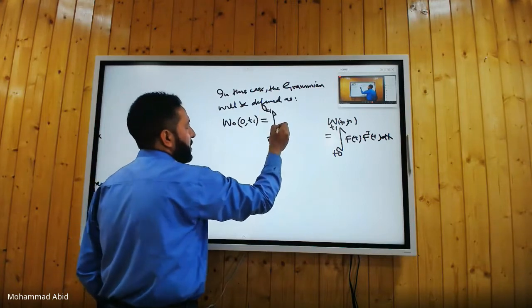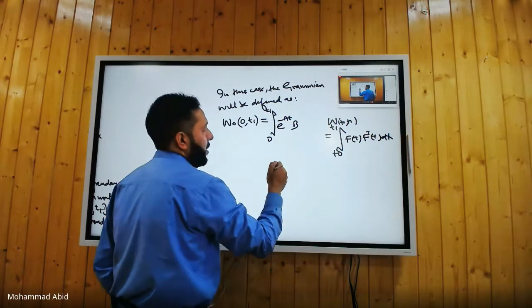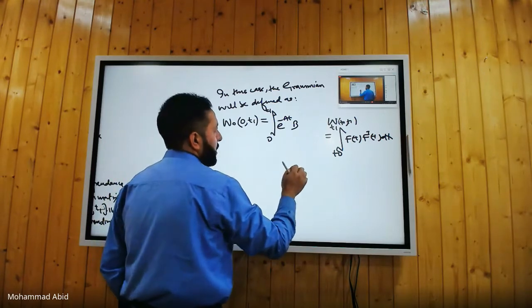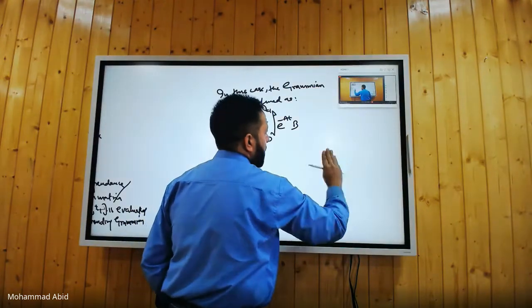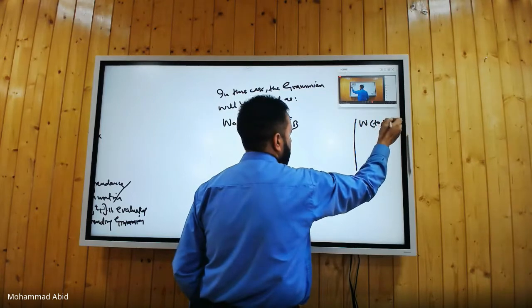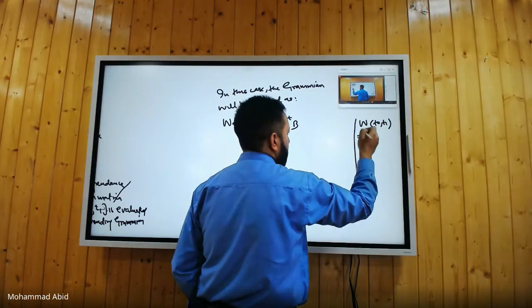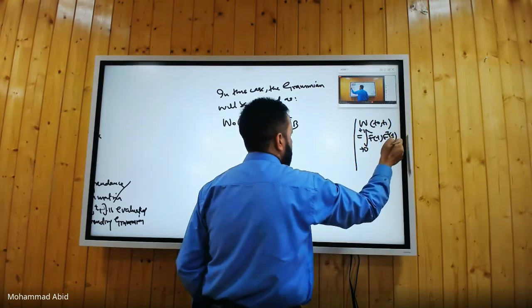F(t) जो आपका है that is e to the power minus At B, then F transpose(t). So your Gramian is defined as W(t0, t1) equal to integral of t0 to t1 F(t) F transpose(t) dt.